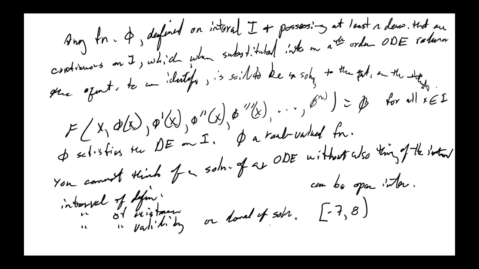Minus infinity to positive infinity would be open. Negative 7 to 8 with a parenthesis on the 7 would be open. So it really doesn't matter. Sometimes I'll forget to say what that interval is, even though it may be pretty obvious that the 8 could not be included. But for a little bit, we will try to focus on that.